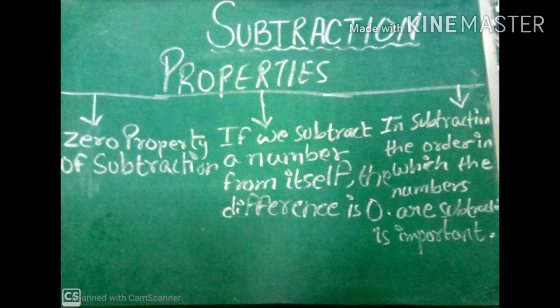Number 2, if we subtract a number from itself, the difference is 0. Number 3, in subtraction, the order in which the numbers are subtracted is important. So these are the properties of subtraction.